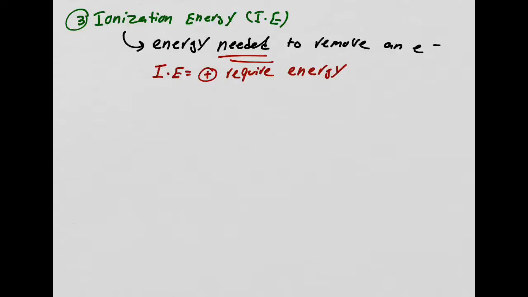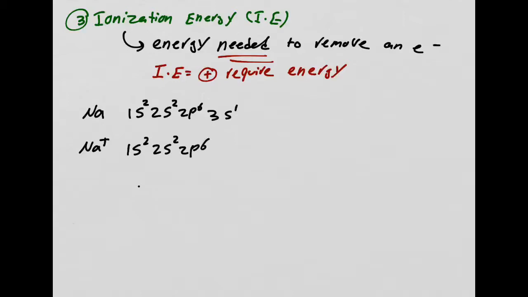Now, let me give you a couple interesting examples. Let's go to sodium. Sodium electron configuration is 1s2, 2s2, 2p6, 3s1. Now, let's say sodium plus 1. Sodium plus 1 would be 1s2, 2s2, 2p6. Do you agree? Sodium plus 1 means you're going to lose one electron, so you're going to lose this electron over here.